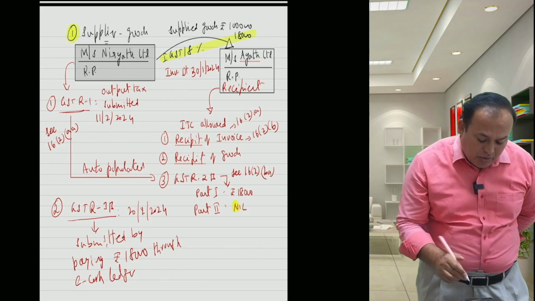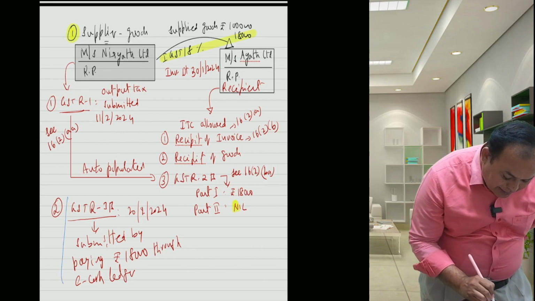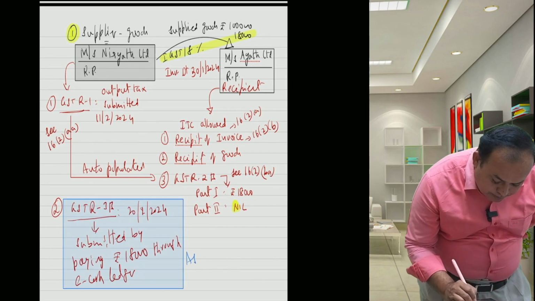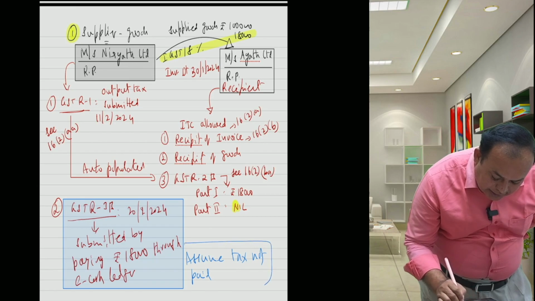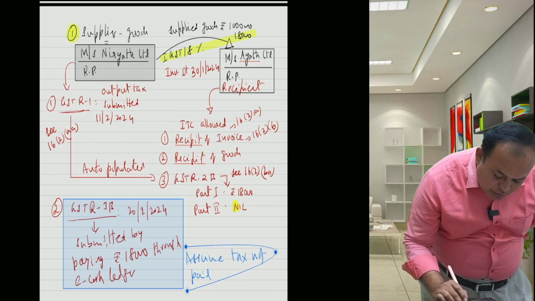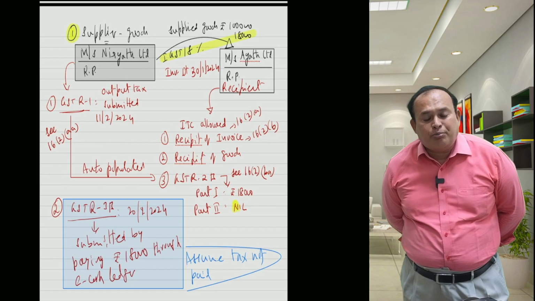For example, in the given case, assume tax not paid. Then what is going to be the impact? Assume tax not paid.